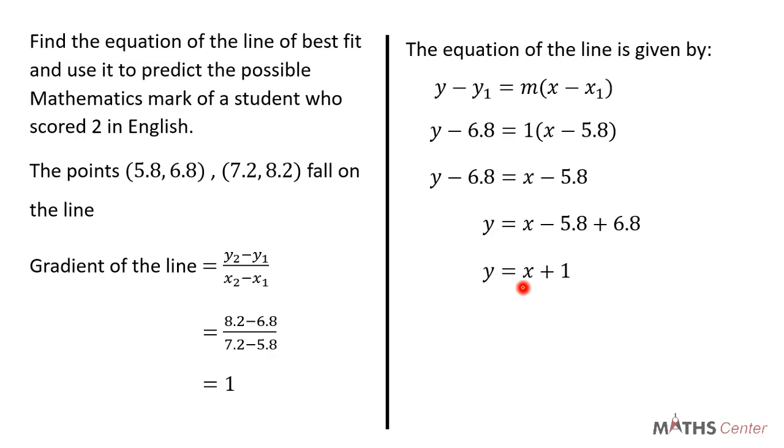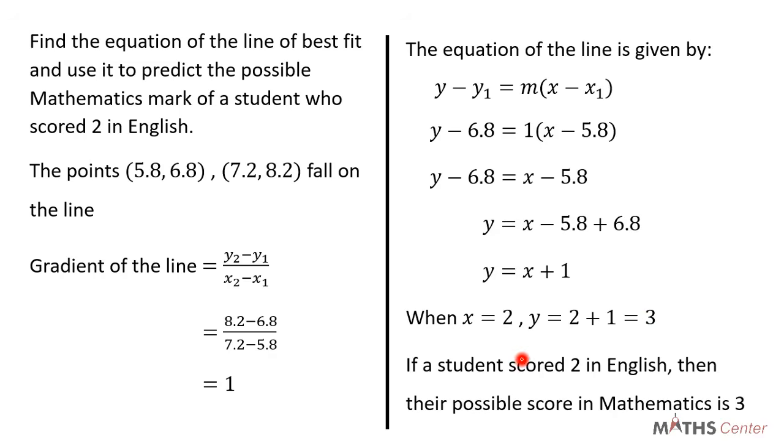From the equation, y is equal to x plus 1. So when x is equal to 2, y will be equal to 2 plus 1, and 2 plus 1 is 3. So this means that if a student scored 2 in English, then their possible score in mathematics is 3.